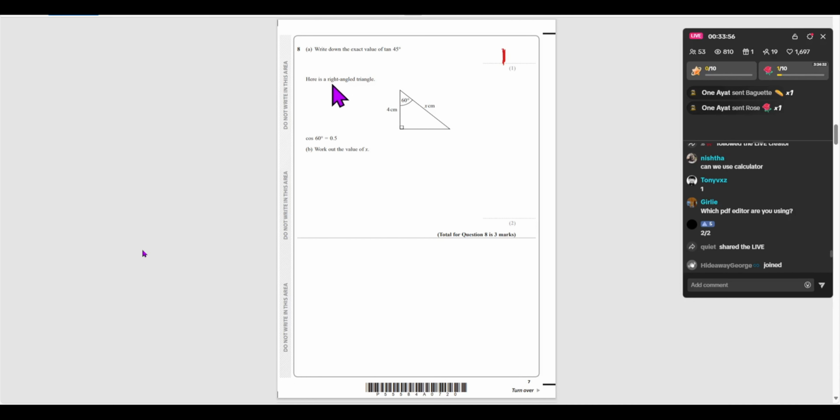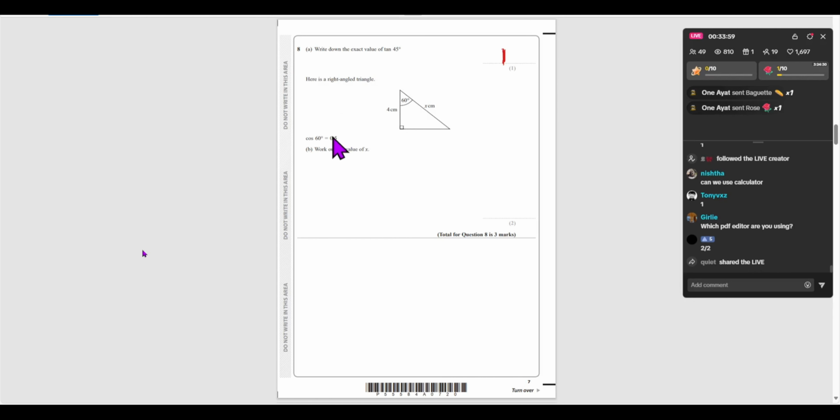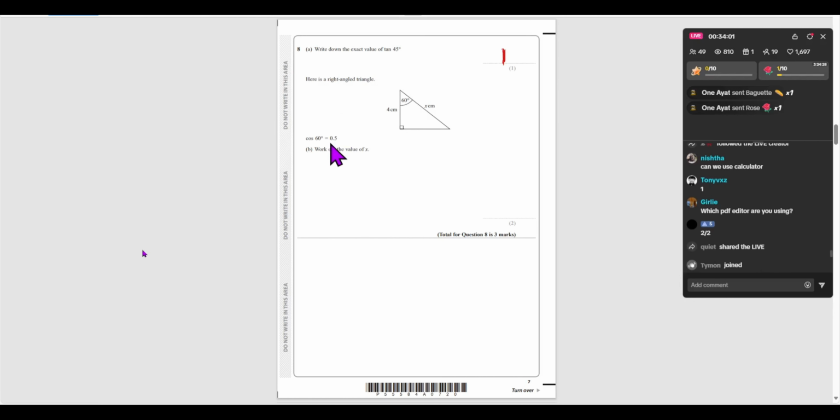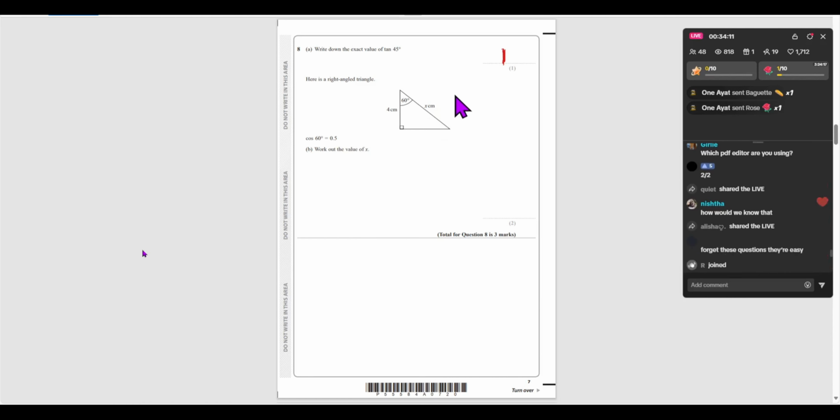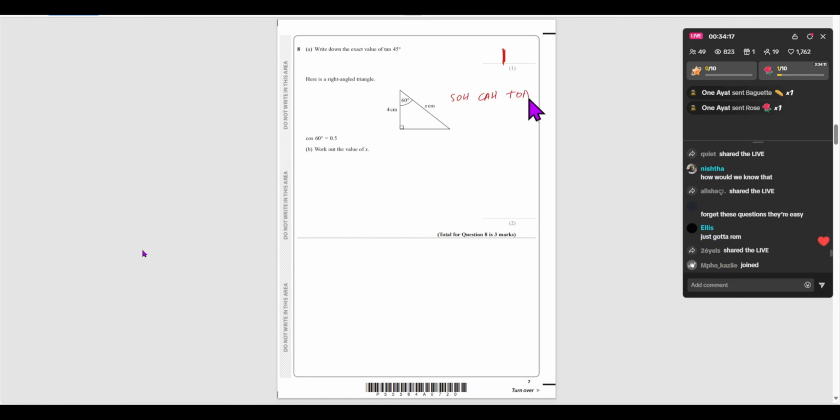Now, here is a right-angled triangle. Cos 60 degrees is equal to 0.5. Work out the value of x. As you can see, we'll be doing trigonometry, so this is the acronym SOH CAH TOA you're going to be using for trigonometry.